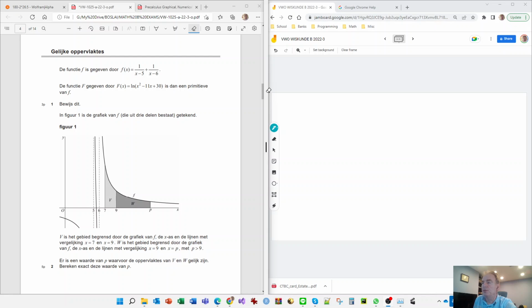And then w is bounded by x equal to p, with p greater than 9. Then they say there's a certain value of p for which phi and w are the same. Well, let's see.